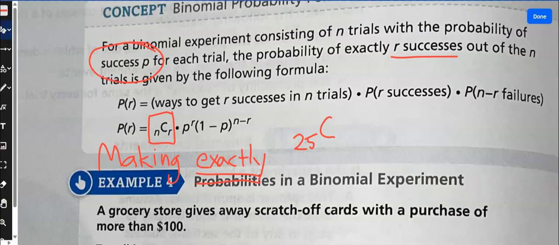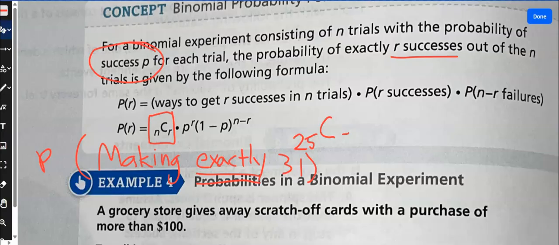I'm shooting 25 times. I'm going to say, what's the probability of making exactly 31 free throws?